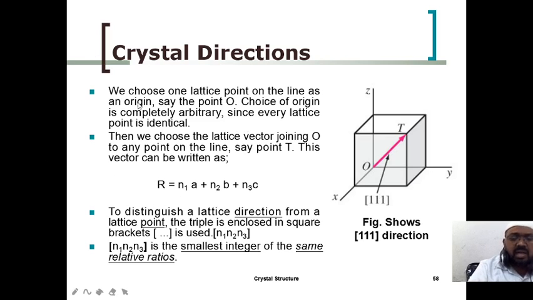We choose one lattice point on the line as an origin. You can see a lattice point there and an origin here. The choice of origin is completely arbitrary, some constant, and every point here is identical to each other.